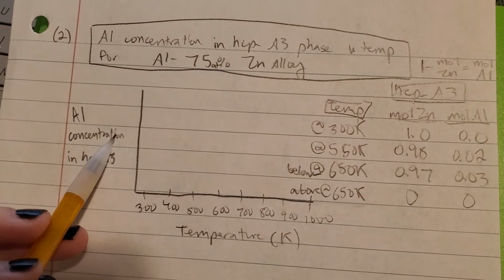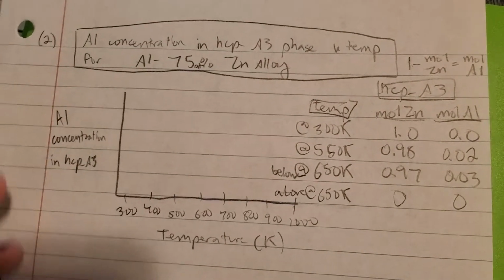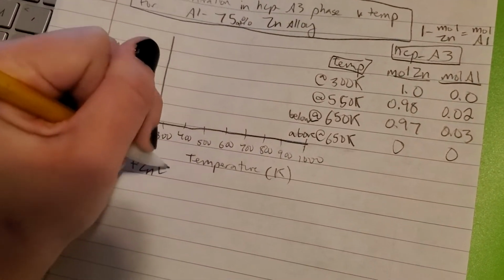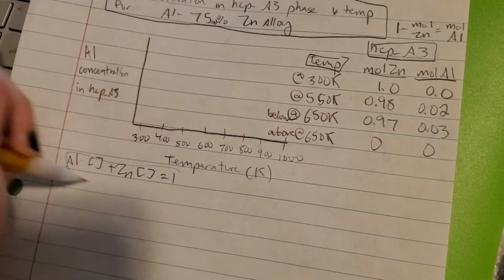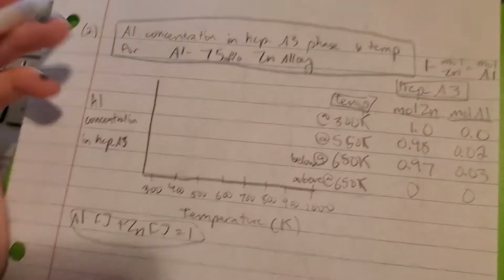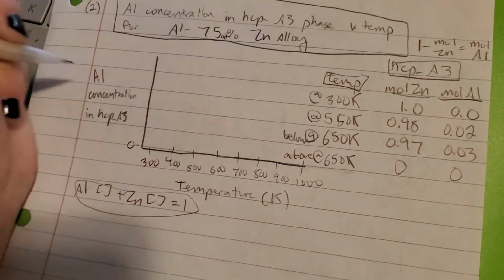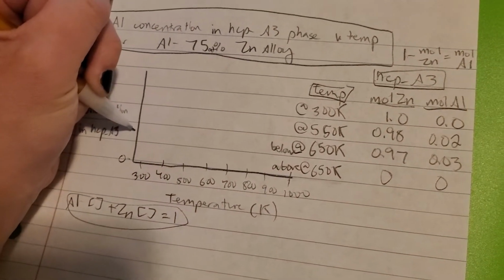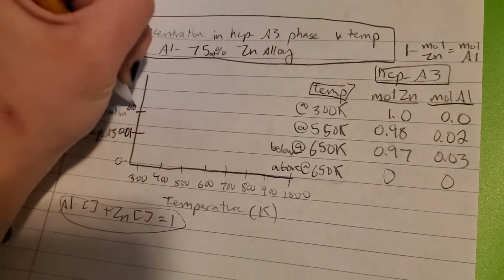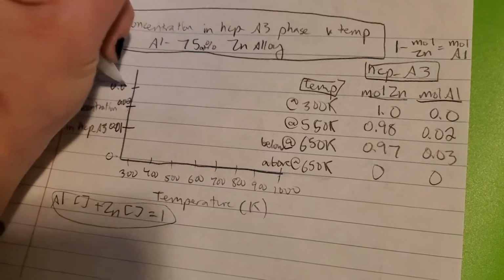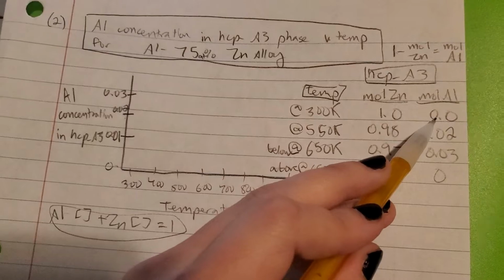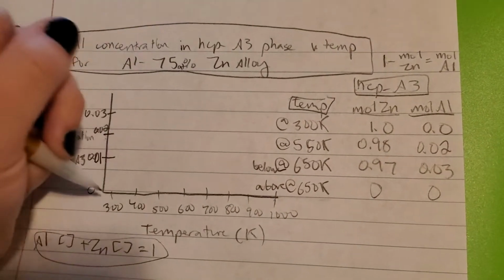So the concentration is assuming that Al concentration plus Zn concentration equals 1. So using that ratio, we'll use 0 Al concentration, 0.01, 0.02, and 0.03.